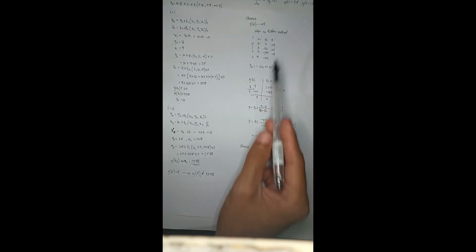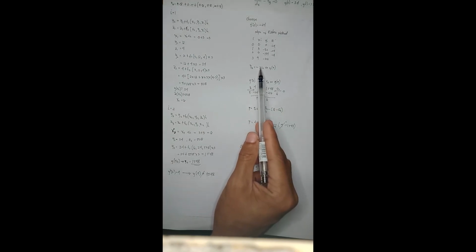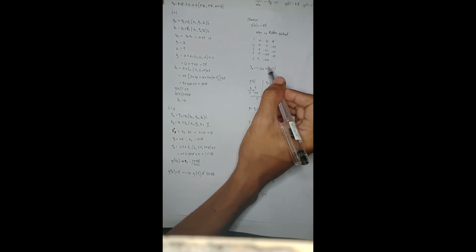This is when we choose negative 24, and our y3 is equal to negative 216, which is also not equal to y9.